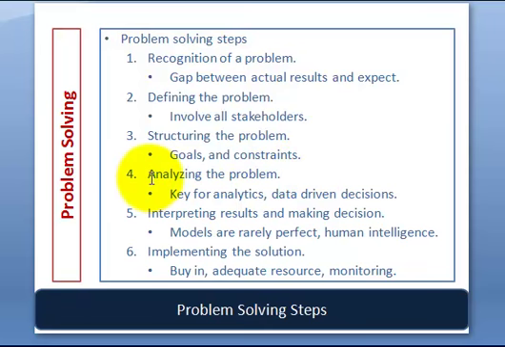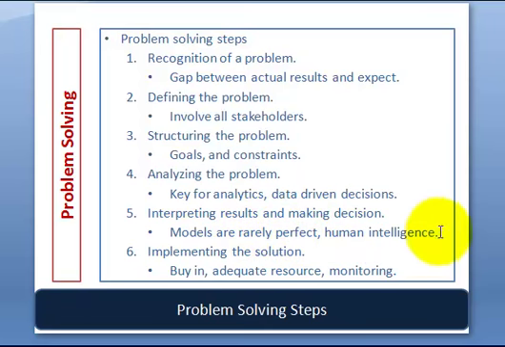Then the fourth step is analyzing the problem. This is key for analytics, because as much as possible in today's day and age you want data-driven decisions. You want to get away from gut feelings if you can, or at least if you make a gut decision, you understand what the data is telling you. Number 5 is interpreting the results. Models are rarely perfect.